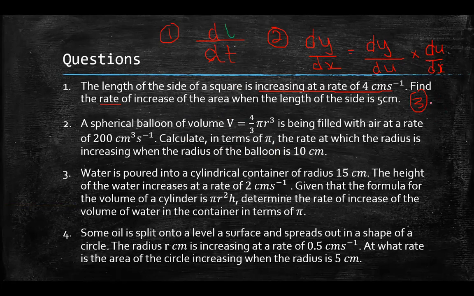But just know that the third thing you need to do, you have to know if they're asking you for area, they're asking me for the rate of increase of the area, right? And they told me that the shape is a square. So one time you need to know that, okay, they want me to find the area of a square, which is side by side, or you might say side s squared, right?